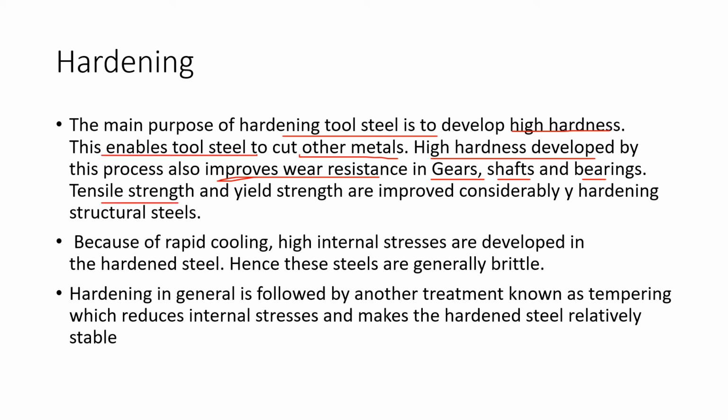Tensile strength and yield strength are improved considerably due to hardening of structural steels. Because of rapid cooling, high internal stresses are developed in the hardened steel. Hence, these steels are generally brittle. Hardening is generally followed by another treatment known as tempering, which reduces internal stresses and makes the hardened steel relatively stable.